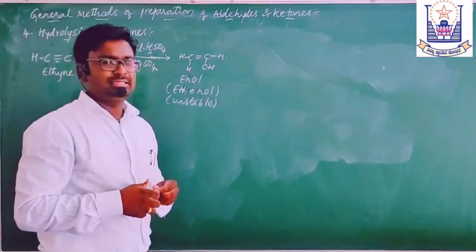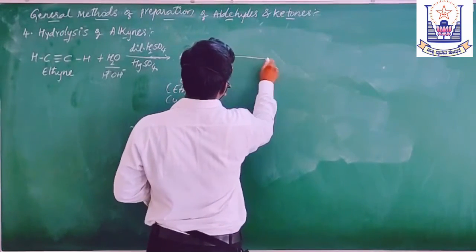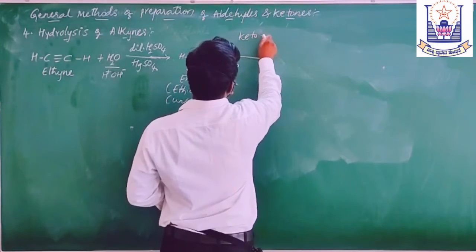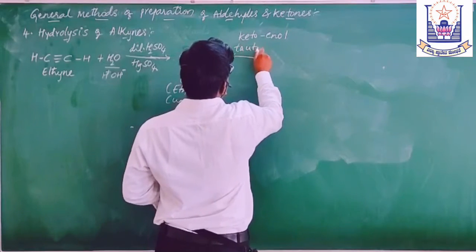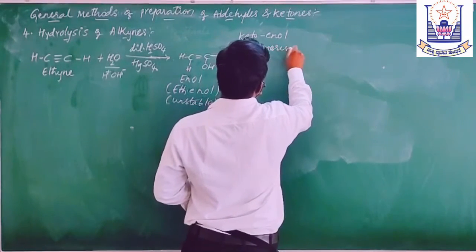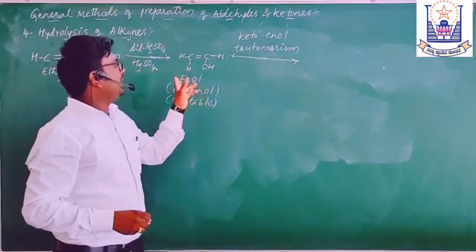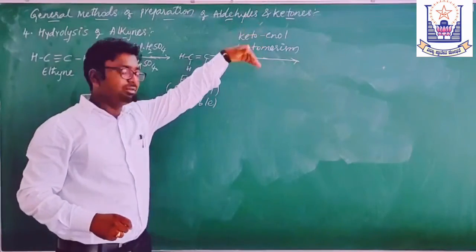It undergoes tautomerism, called keto-enol tautomerism. Keto-enol tautomerism means we have an enol, and it will take the ketone form.